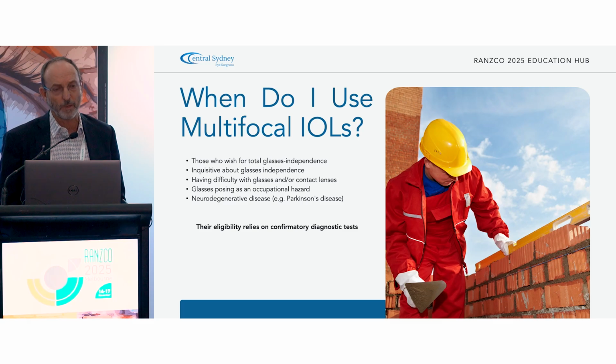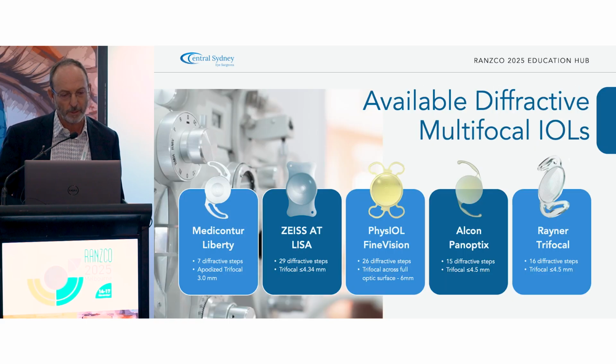And I very much embrace neurodegenerative disease as a indication for multifocals, for these are people who need to be stimulated. They lose their glasses, and if they have good point focus wherever they're looking, that can add quality to their lives.